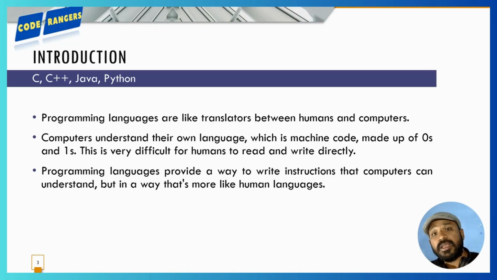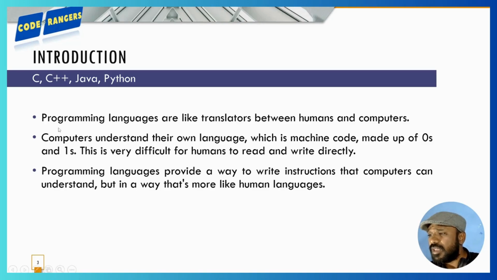Then this language will convert that English to machine language, which is zeros and ones, and according to that converted binary language, the machine will respond. This is how we will build applications, and the main reason for using programming languages is to give instructions to the computer in English.